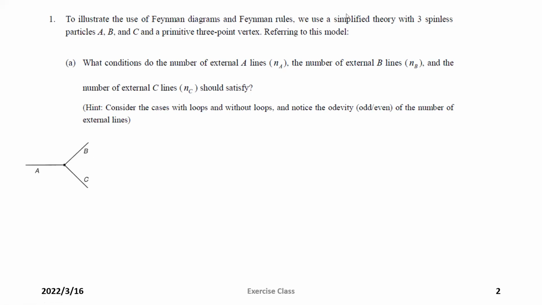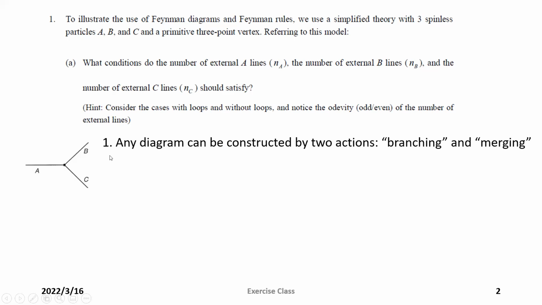So there are 2 approaches for these questions. The first approach is to consider how to construct a diagram. The idea is that any diagram can be constructed from the primitive vertex by 2 actions, which I call branching and merging. So let me draw.